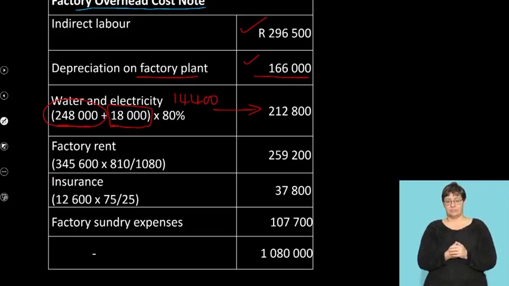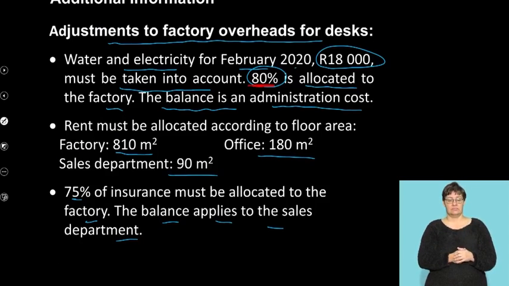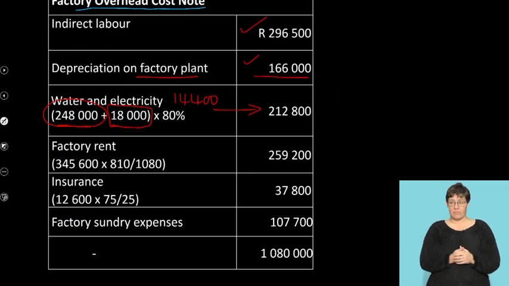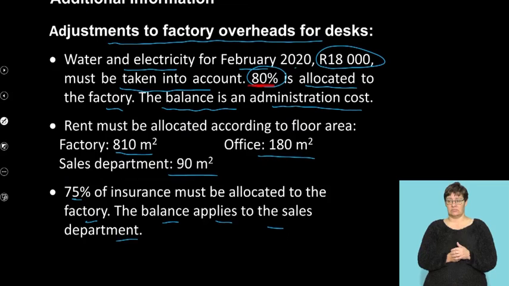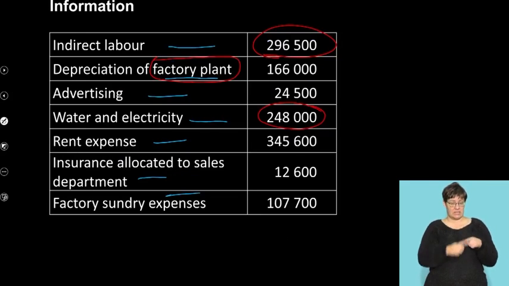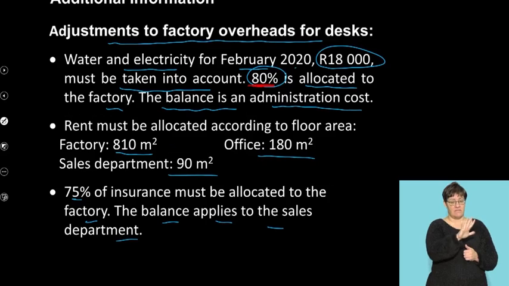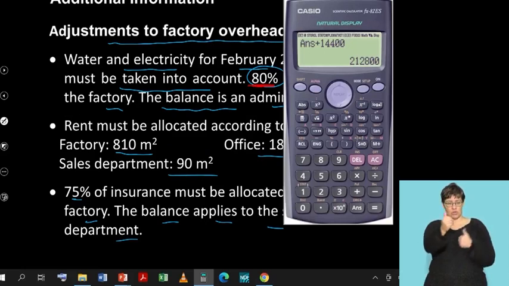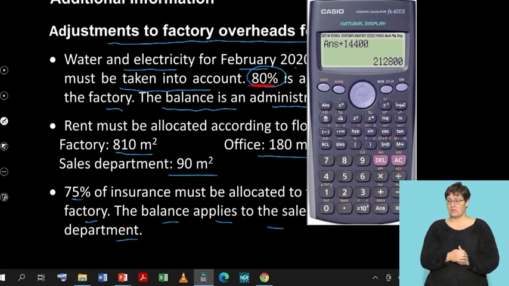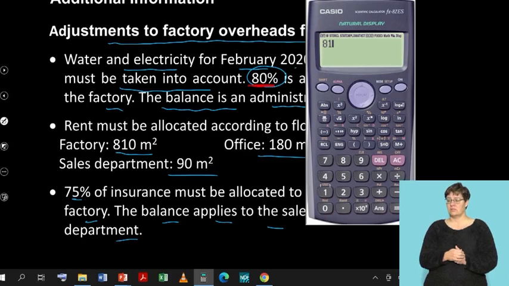Next one that we have there is that your rent must be allocated according to the floor area. Once again, what we do here is take your factory rent. Now, the simplest way of doing this is to take your factory rent, which was 345,600, okay? Tell yourself, how many square meters do we have in total? Let's look at our square meterage. It will be 810 plus 180 plus the 90 will give me a total of 1080.